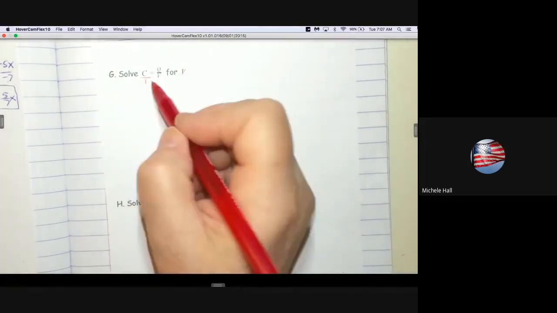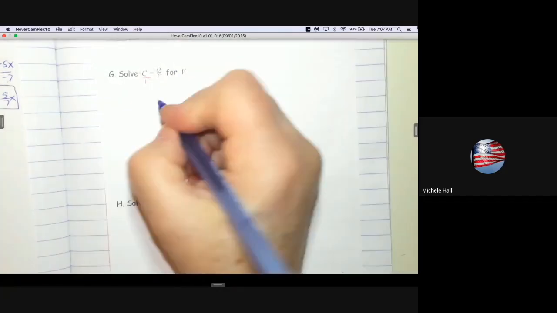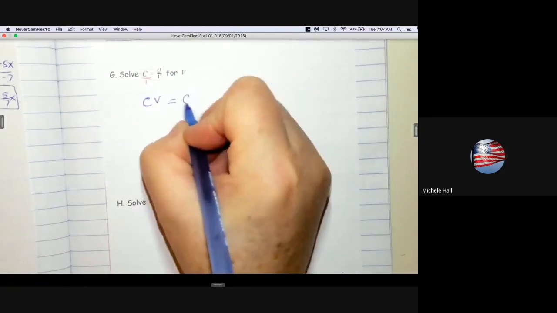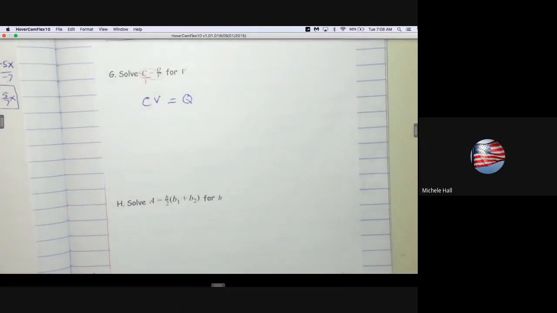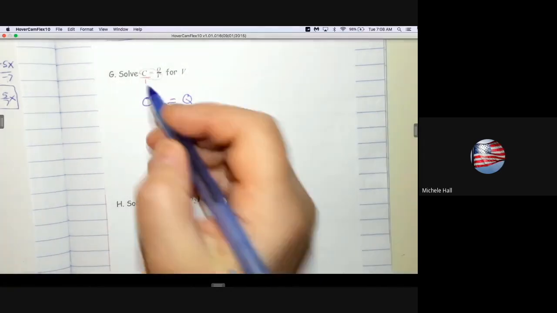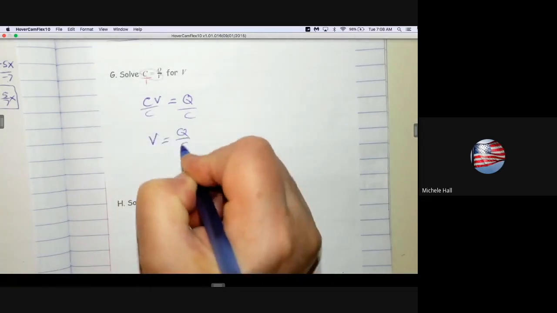And then I'm going to cross multiply. C times V is CV equals 1 times Q is Q. Now I've got V out of the denominator, and I just need to finish solving for V. Divide by C, and we get V equals Q divided by C.